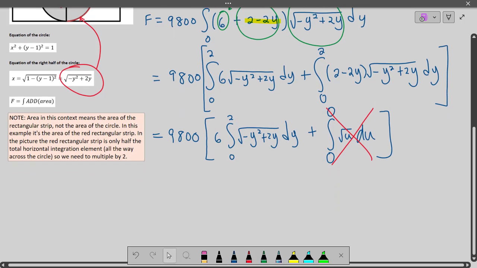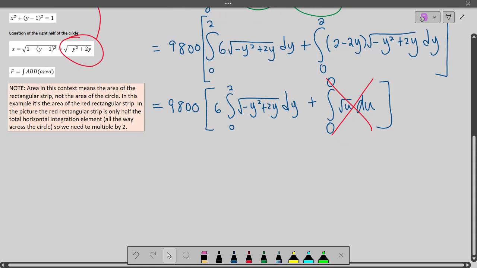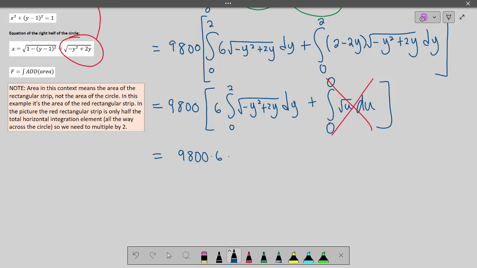All right, so now we're getting somewhere. Let's factor this 6 out to the front. And so here's what we are left with. This is a non-integrable integrand at this moment, but we know what the geometric interpretation of that integral is. We know that function is right here.